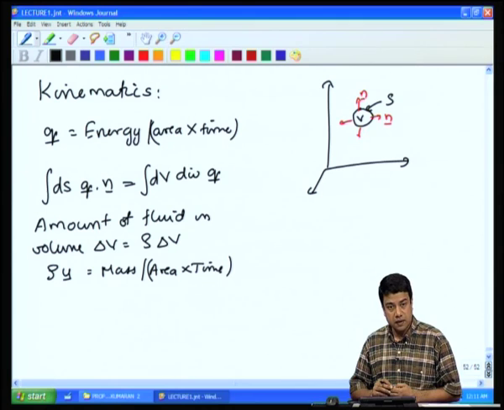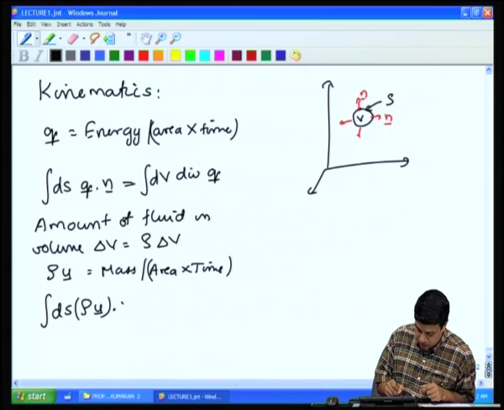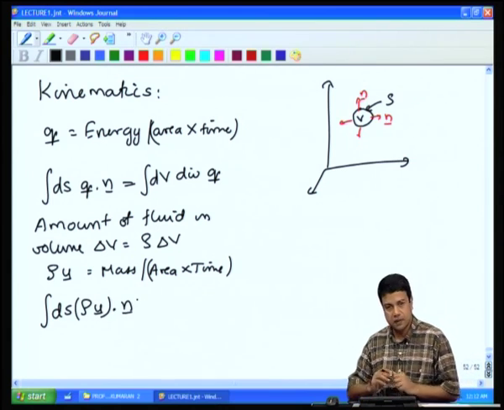So, if I want to find out the total mass that is coming out of this volume from inside to outside, that has to be equal to the integral over the surface of rho u dotted with the unit normal n. Okay.